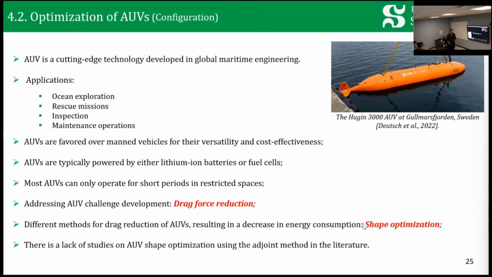So in order to tackle this problem, we need either more powerful batteries or to reduce the drag force. One way to reduce drag force is to do shape optimization for the AUV. The novelty of this work is that there is a lack of studies on AUV shape optimization using the adjoint method in the literature.